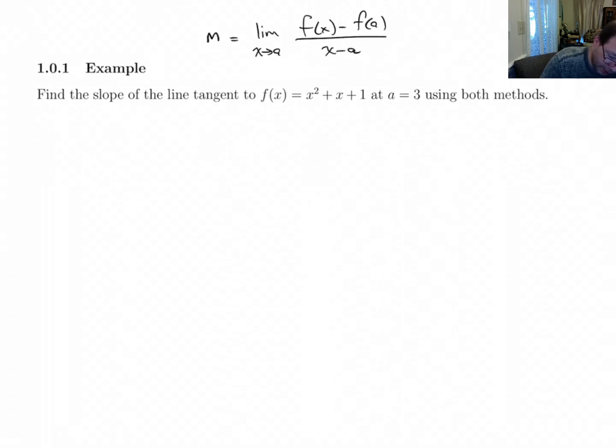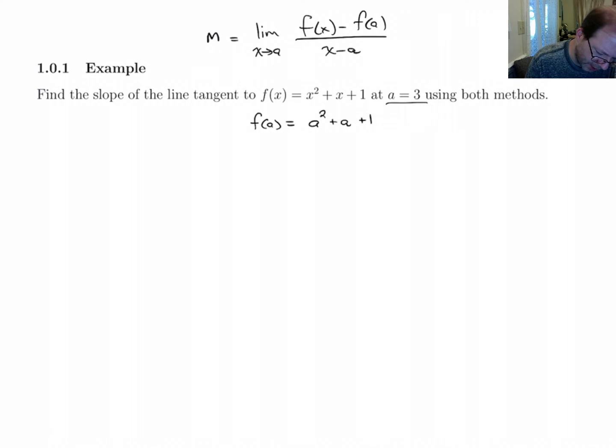All right, so for this formula, let's work out what those different things are. f of x we've already got. f of a seems almost a little silly to write out, but f of a is a squared plus a plus 1. Oh, wait a second. a is 3. I don't even need to write that out.